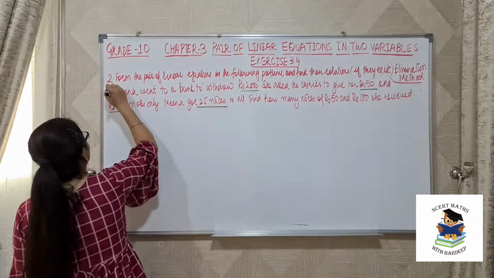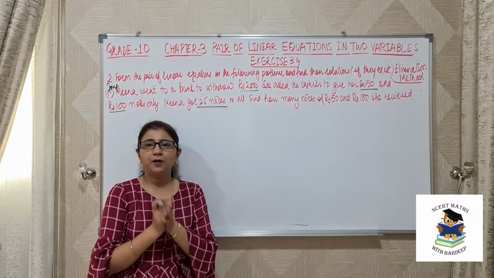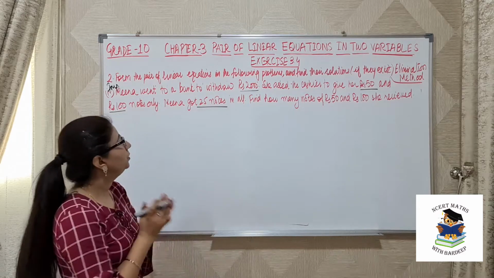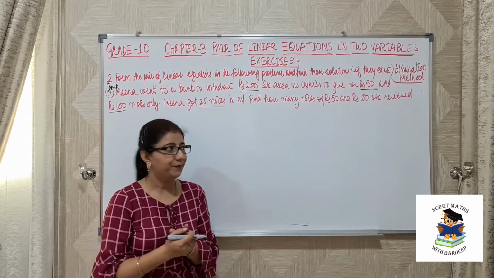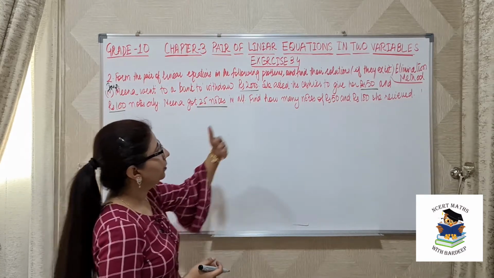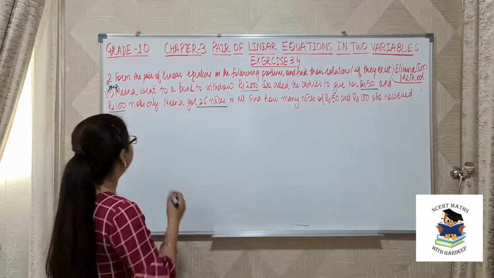Again, important type of question. So now let's see, total amount she withdrew is 2000, but total notes are 25. So since we need to find the number of notes of 50 and 100, let us assume this to be x and y.